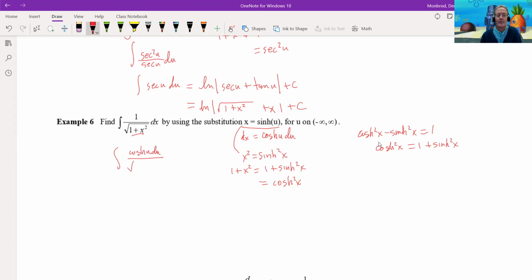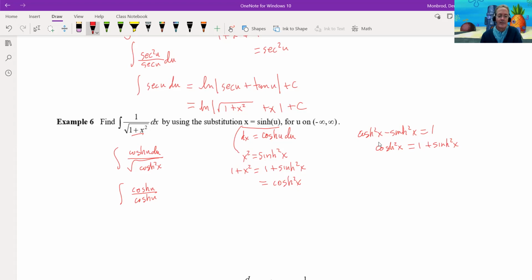And underneath I have the square root of this cosh squared, which becomes just cosh u over cosh u. And again, I don't have to worry about sign changes in here. I'm always worried, have I changed the sign of my integrand?